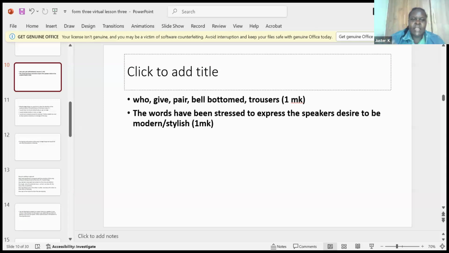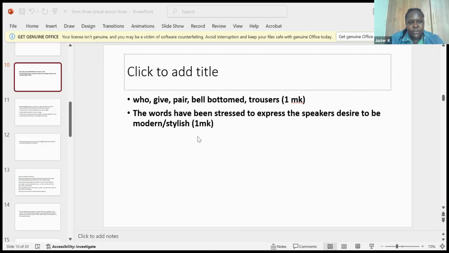And if you get it wrong in the words that you're going to stress, you're not going to get the other 1 mark for saying the reason as to why you would stress them. So it is important when you're answering the question of which words you would stress, ensure that it is every content word that is there to stress. If you leave out even 1 content word, again, you're going to score 0. So ensure that you have stressed all the content words and give the reason.